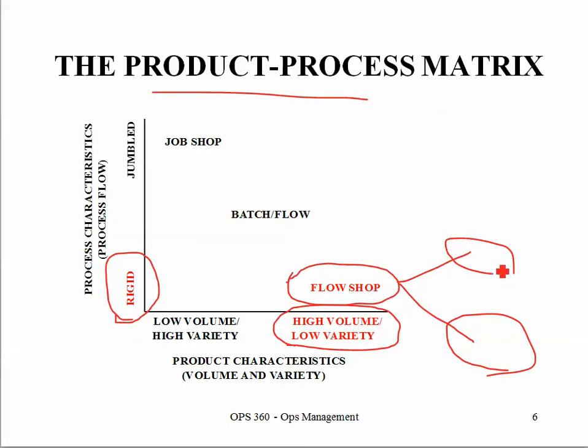And those are both examples of flow shops. Repetitive operations refers to a flow shop where you have discrete parts, such as automobiles or bottles of Coke or whatever, whereas a continuous flow shop is a flow shop operation where the product is itself continuous, like an oil refinery or certain stages of steel production.